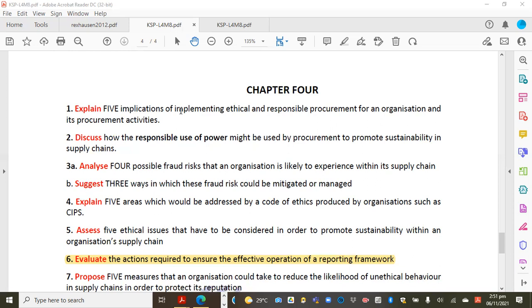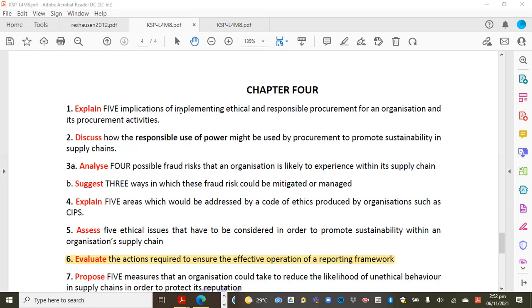They developed it for them. See, it's part of the implementation. So one of the implications is policy implications. So you have to develop policy, and code of conduct is a policy prescribing how you want the suppliers to behave in the supply chain. That is another implication for the supply chain.